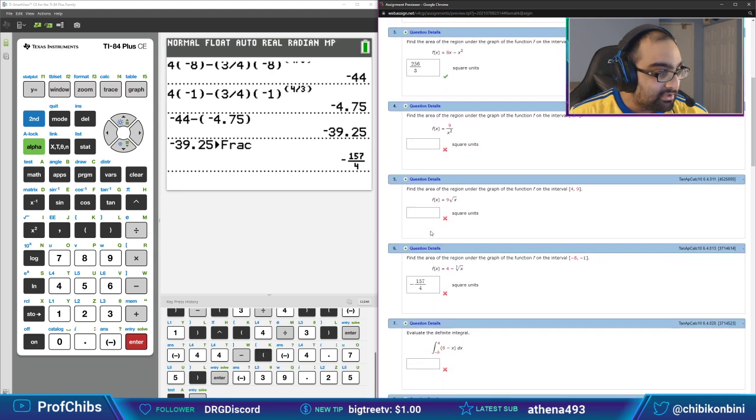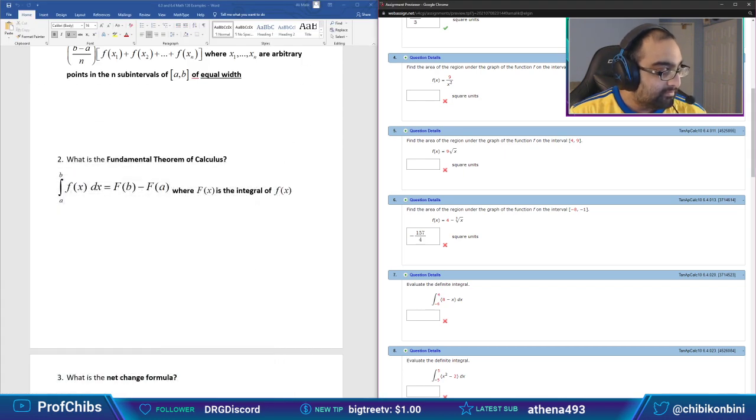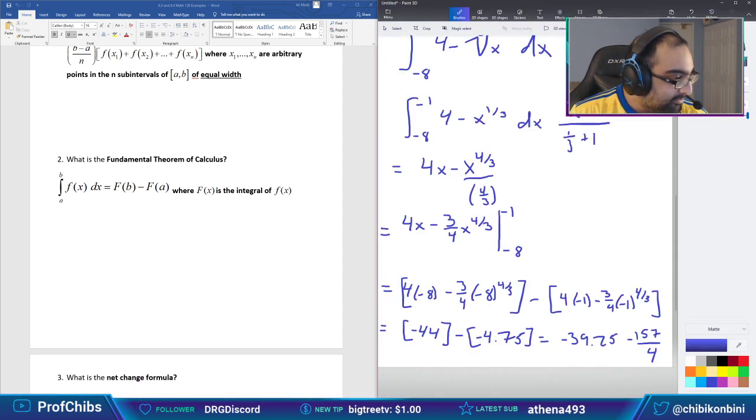Oh, I was looking at the wrong one. Did we not get that right? It should be x to the 4 thirds. Should be 3/4. Oh, did I do that backwards? Well, maybe I did. Let me check. Maybe I accidentally did 8 first instead of negative 1. I forgot about that. Check. Oh, I did do it backwards. I'm so sorry, everybody. That's my fault.